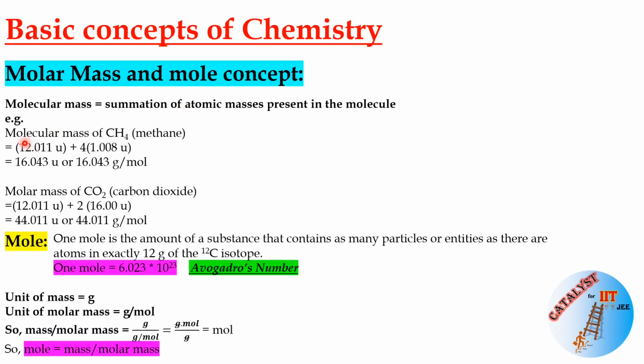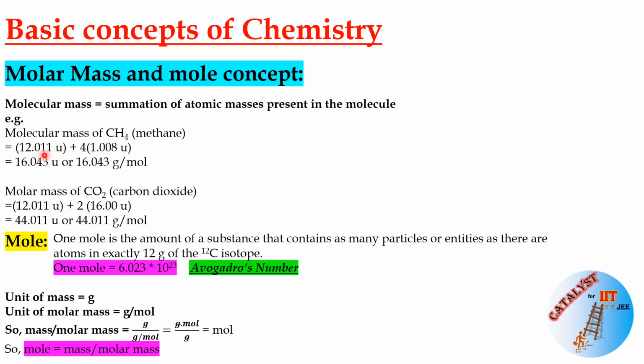That means that if you want to calculate the molecular mass of CH4, you have two types of atoms, carbon and hydrogen. Now, if you want to calculate the molecular mass of this molecule, you need to add the atomic masses of these atoms.